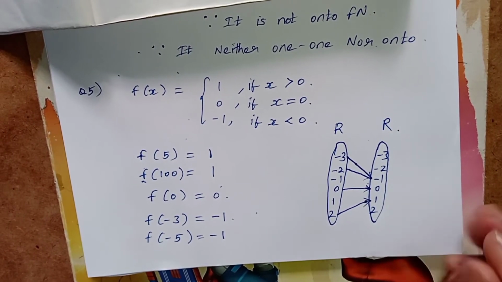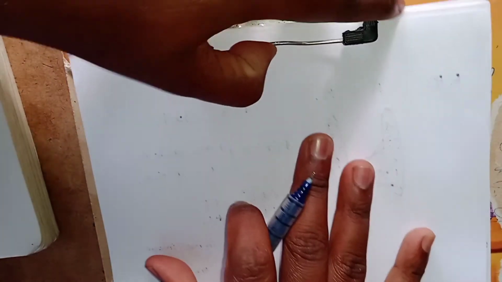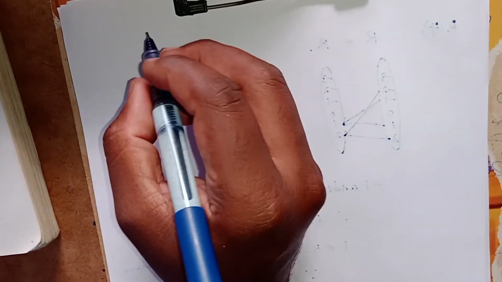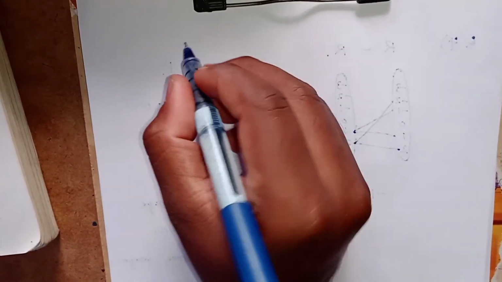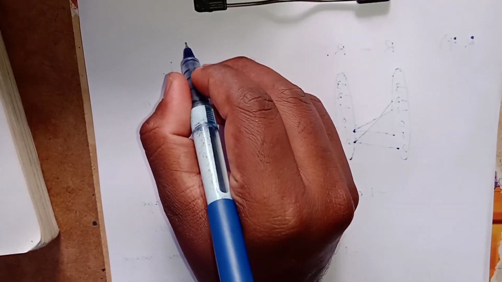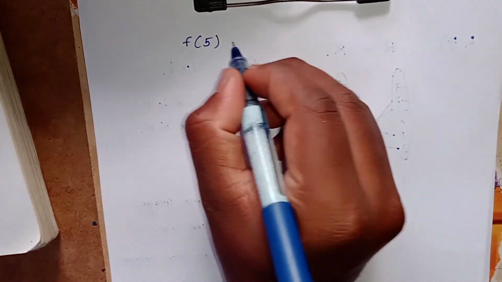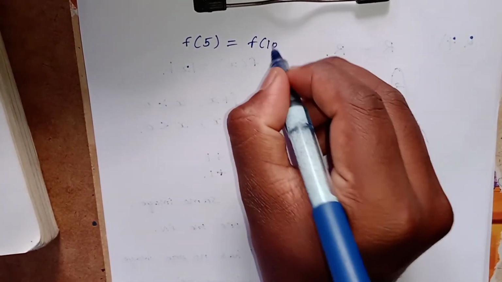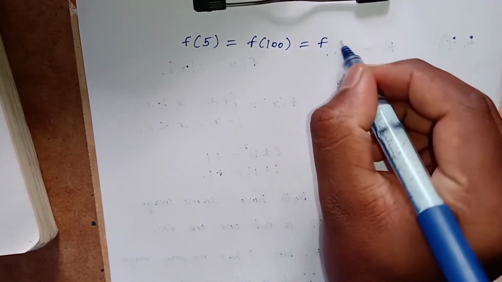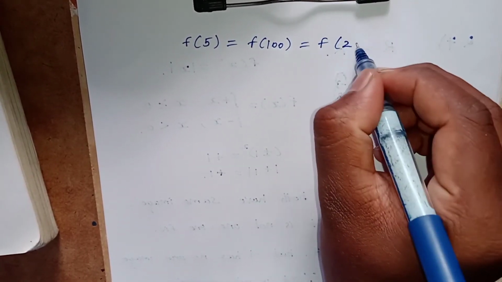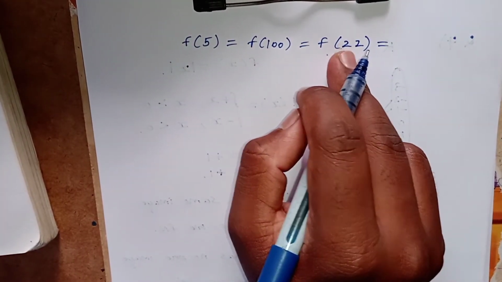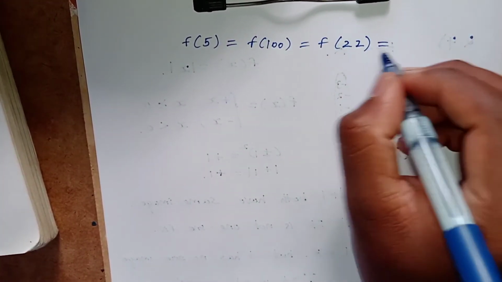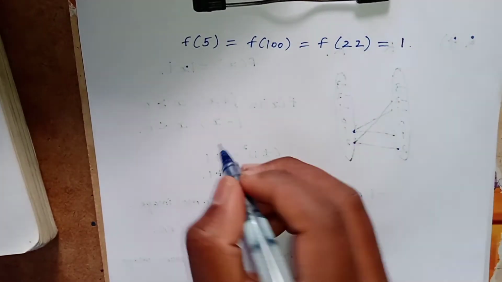Okay, here for checking whether it is one-one, it is not one-one because for every number, if I take f of 5 equal to f of 100 equal to f of 22, these are greater than 0, it is equal to 1.